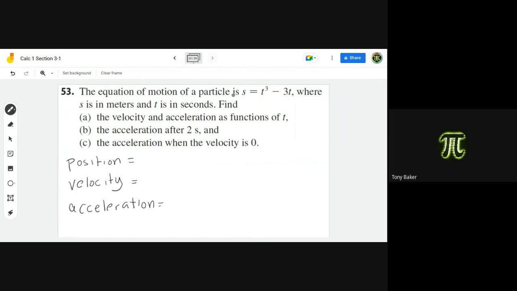So position, they give you. How do I find velocity? That's my first derivative. So what's the first derivative? 3t squared minus 3.